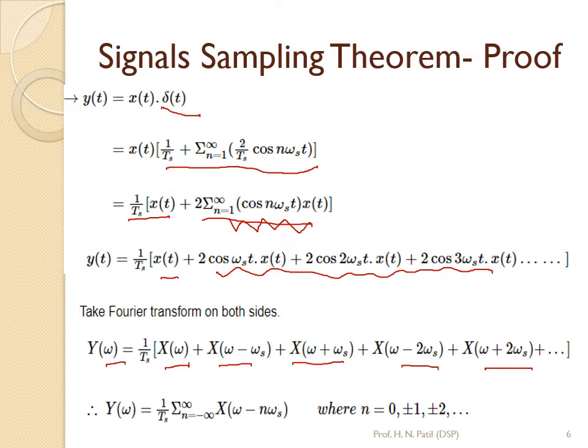So here we will get a final equation y of omega is equal to 1 upon ts summation n is equal to minus infinity to plus infinity x of omega minus n omega s. Here n may be 0, plus minus 1, plus minus 2, plus minus 3, etc. So it becomes a very symmetrical wave with respect to the vertical axis.